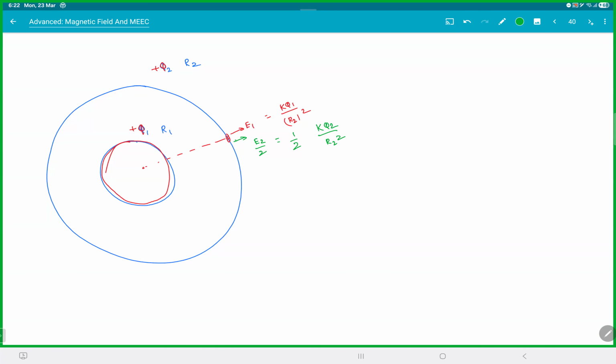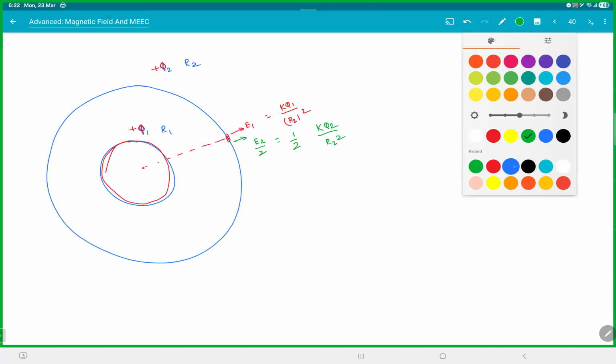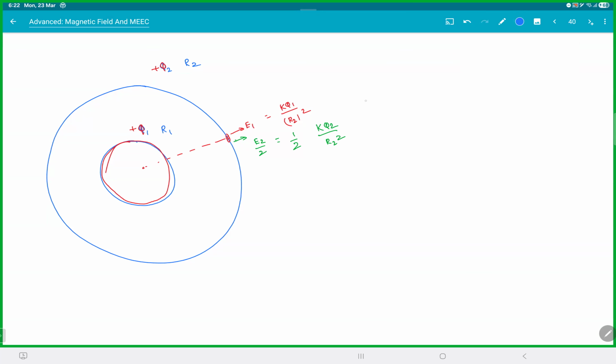Is that making sense? So on that small thing, this is the net field on that small area. Why half? We take half only because we take the field due to the remaining shell. The inside shell will give full, right? That is not a problem.